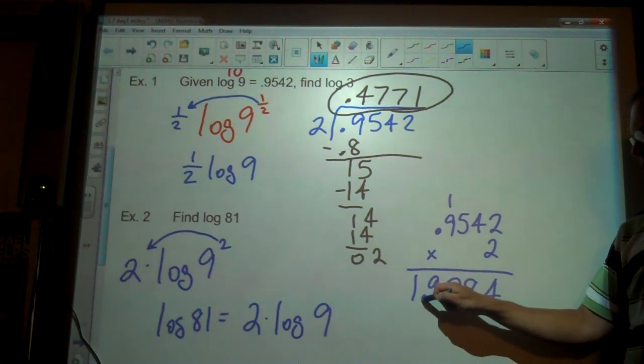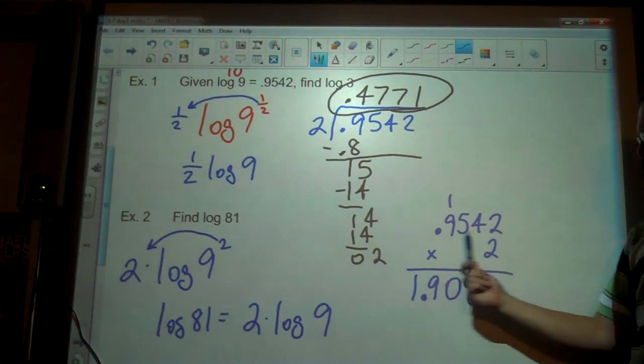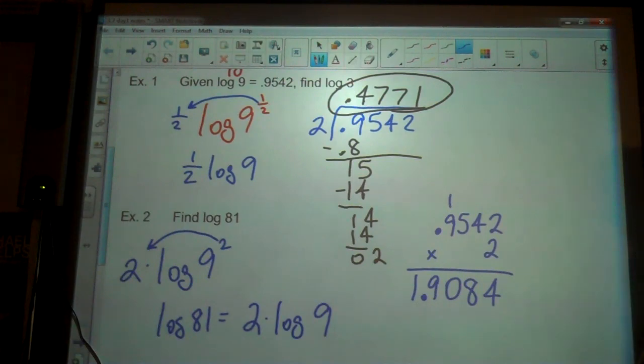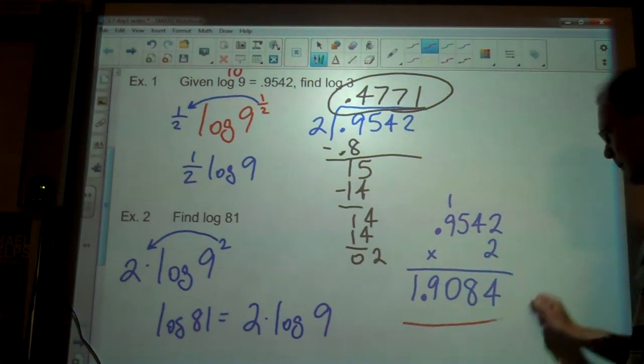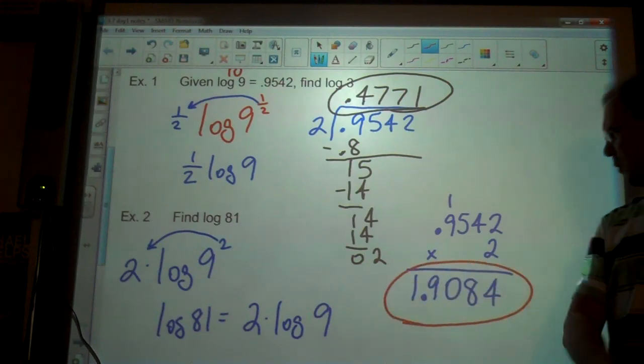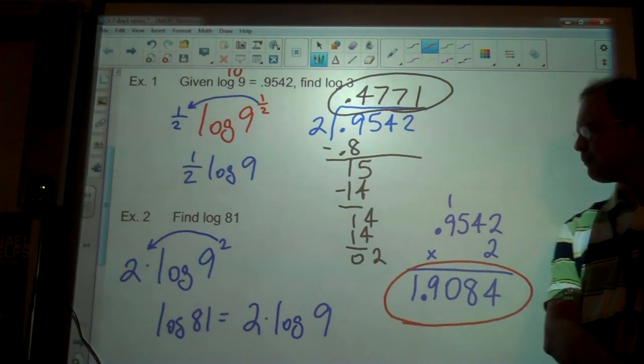And the decimal point would go between the 1 and the 9. You're counting over 4 spots there. Okay, so there's your answer: 1.9084.